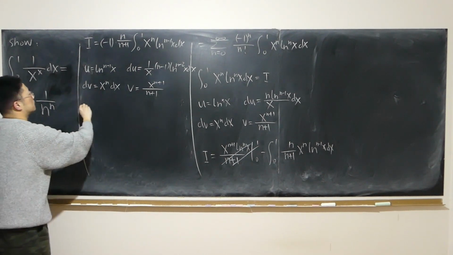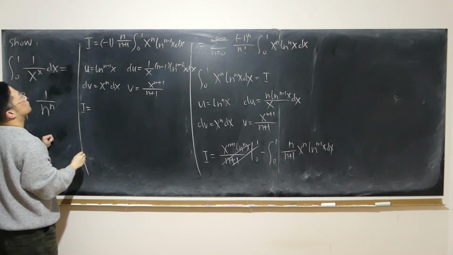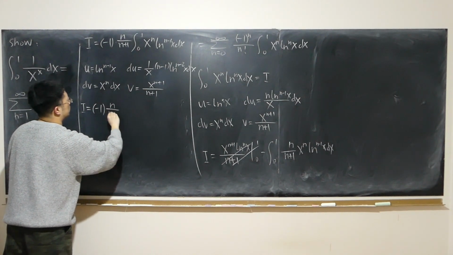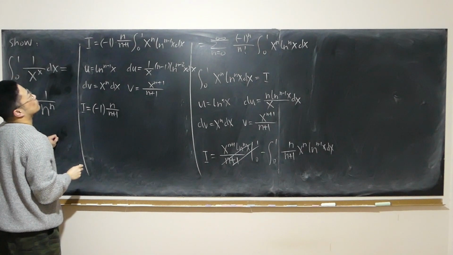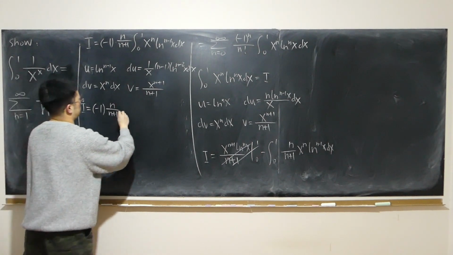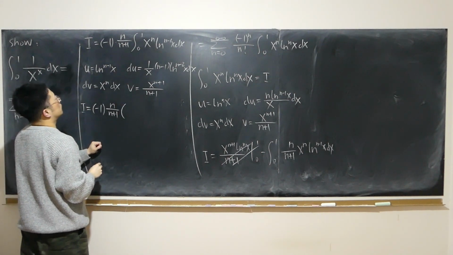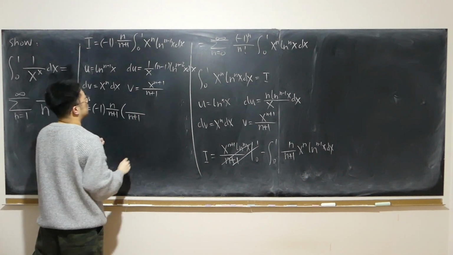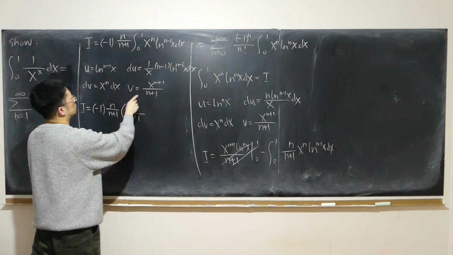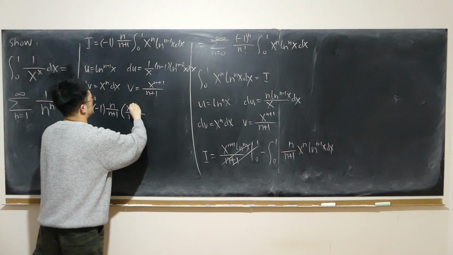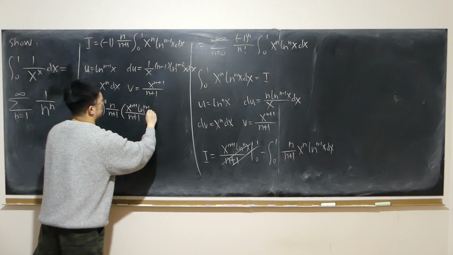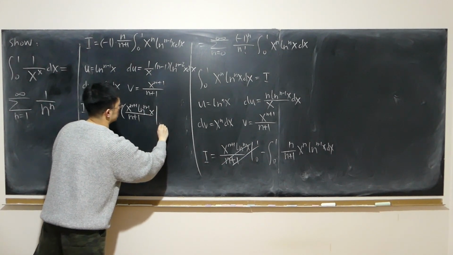So this I is equal to negative 1 times n over n plus 1 times the bracket uv, so x to the power n plus 1 times log to the n minus 1 of x, from 0 to 1.